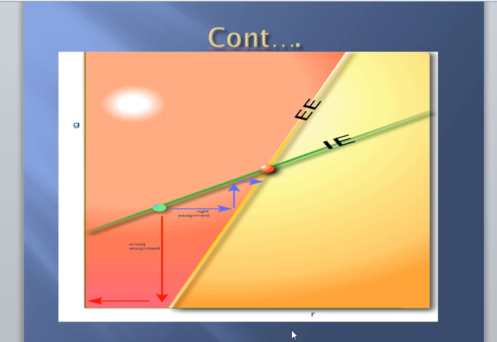And from this point, in order to achieve the external balance, there may be an increase of the interest rate, that is the tight monetary policy. And in order to achieve internal balance, the government spends more, that is expansionary fiscal policy.